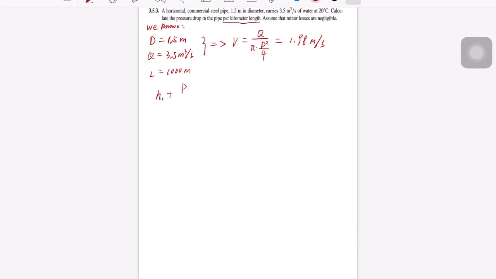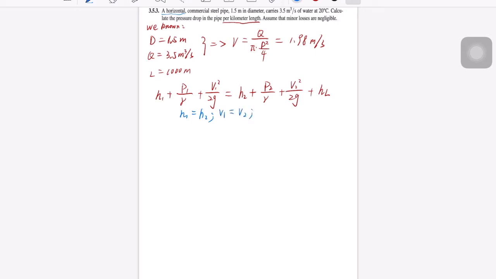H1 plus P1 divided by gamma plus V1 squared over 2G equals H2 plus P2 divided by gamma plus V2 squared over 2G plus head loss. Because this is a horizontal pipe, H1 equals H2. And we know the diameter of this pipe didn't change, so V1 equals V2.